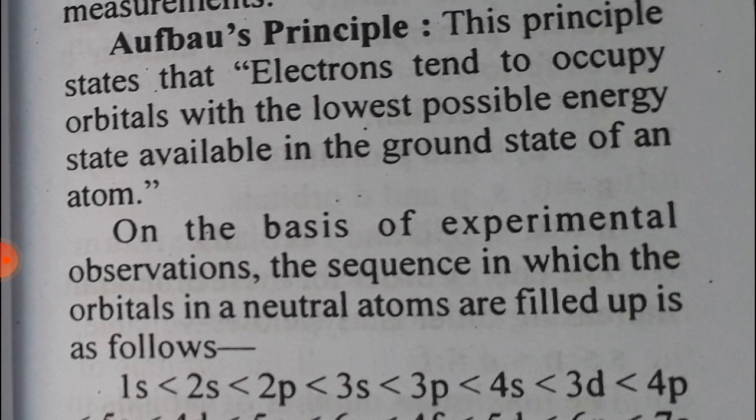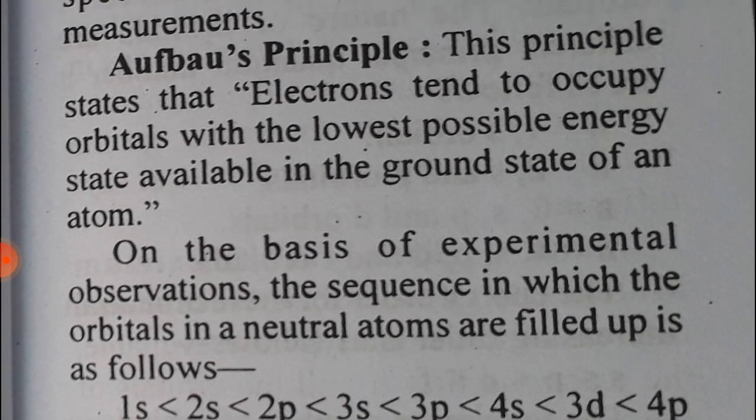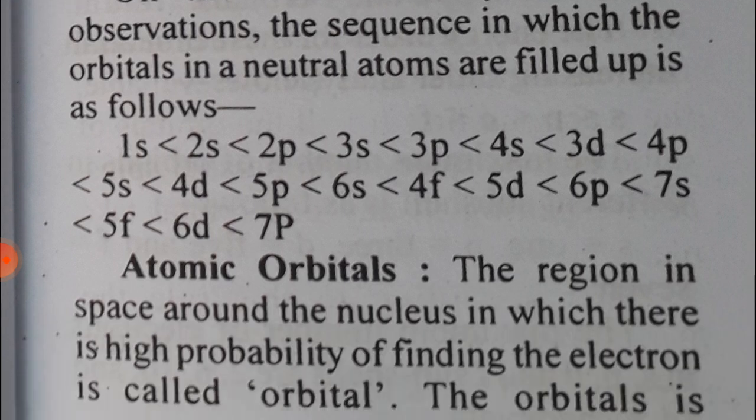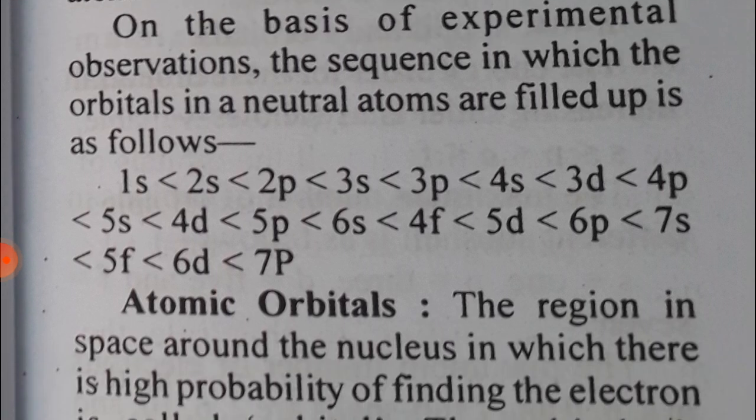Aufbau principle. This principle states that electrons tend to occupy orbitals with the lowest possible energy state available in the ground state of an atom, on the basis of experimental observation.